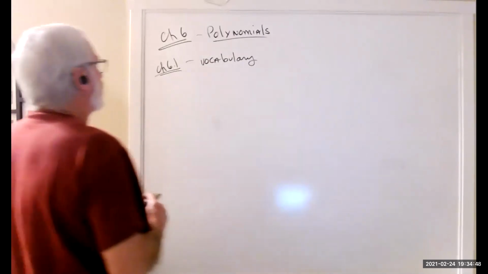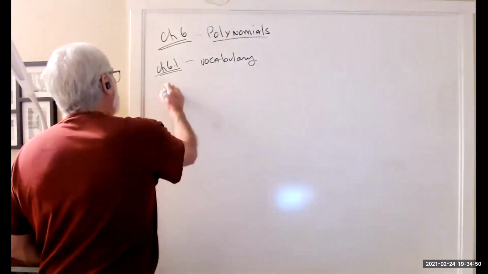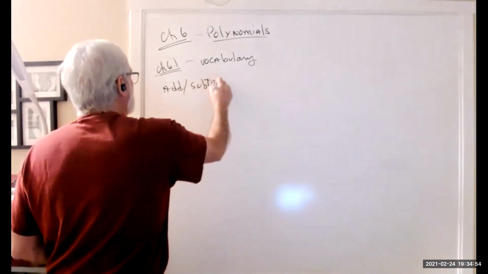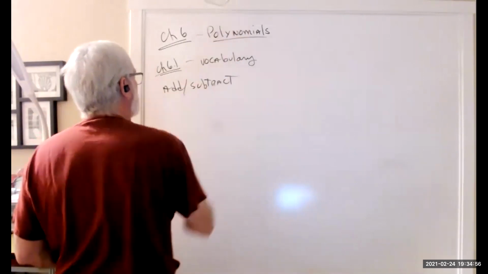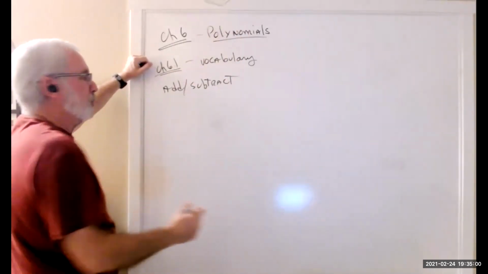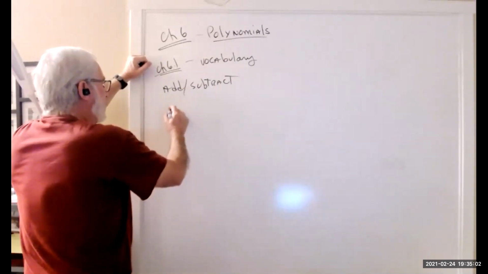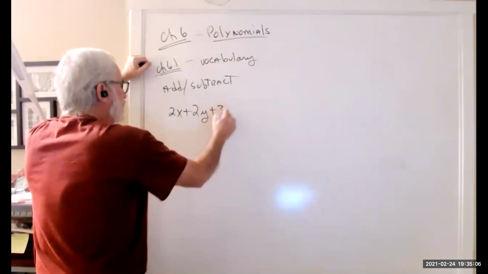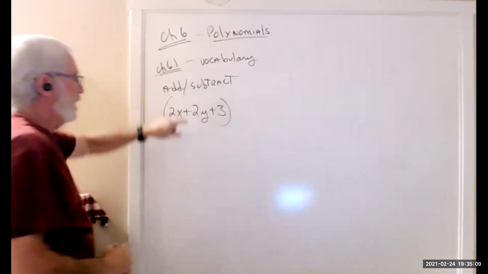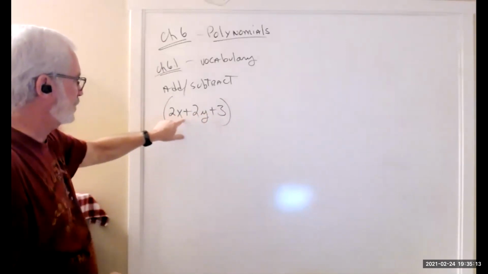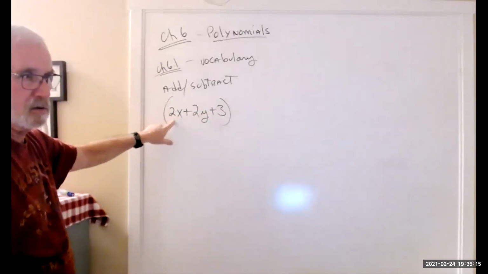What I do want to talk about in 6.1 is adding or subtracting polynomials. Well, first off, what the heck is a polynomial? A polynomial is something like that. It's a bunch of terms. Each one of these things is called a term.